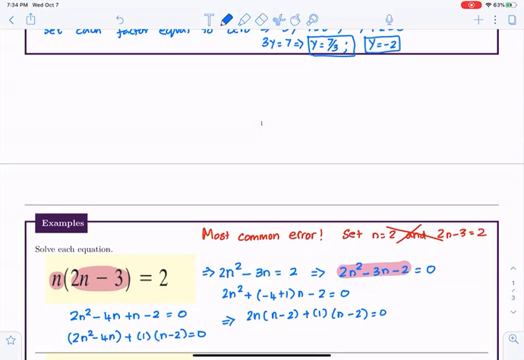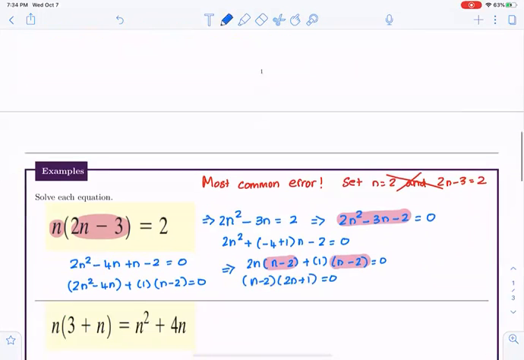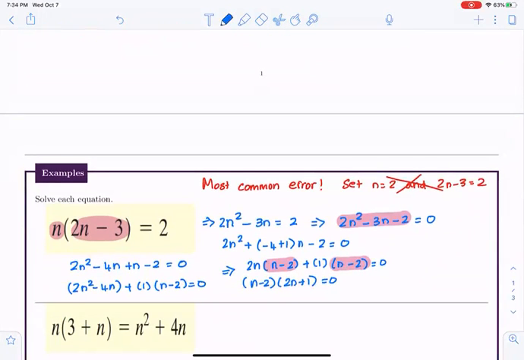So we have a common factor, and that common factor is n minus 2. If I pull n minus 2 out, I'm left with 2n plus 1. We just have to set each factor equal to 0 and solve for x, or n in this case.